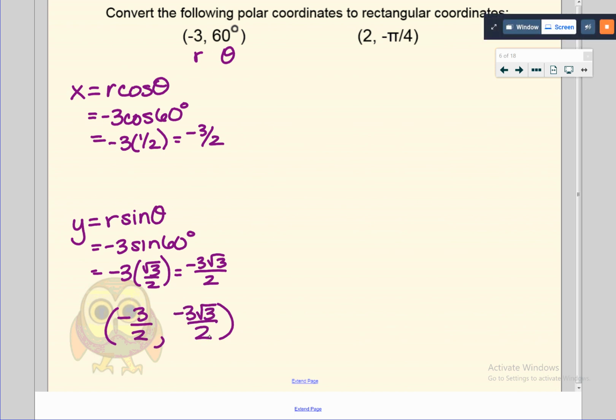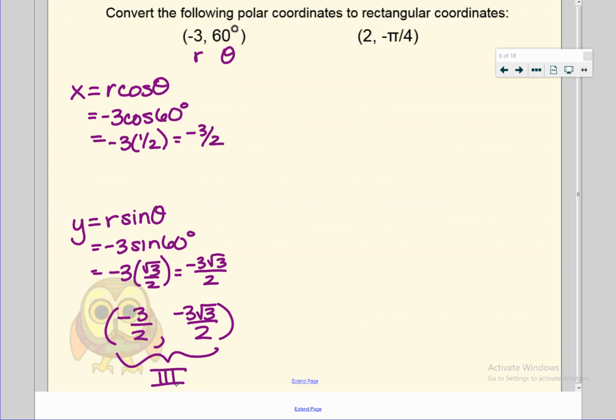You can imagine both of these would be in quadrant 3 if I graph them. The x and y are both negative. That places me in quadrant 3. -3, that would be 3 to the left. If I'm looking at the polar coordinate, 60-degree rotation would be down into quadrant 3. You can imagine we should be in the same position if you're doing them right. Just superimposing one type of graph on top of another.